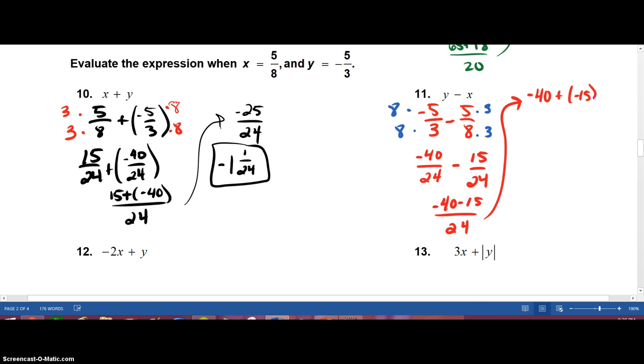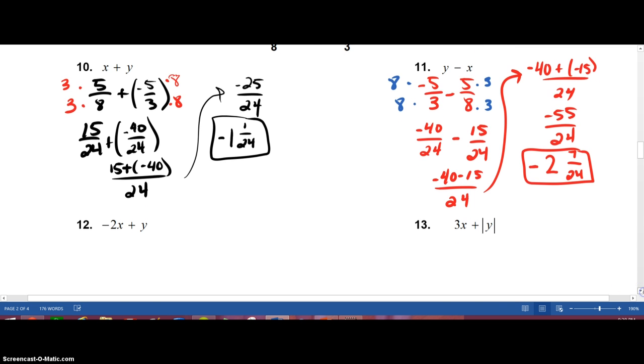We're starting with a negative number and we're subtracting more positives away from it, so it's going to become more negative. So my numerator, when I combine those two numbers, will be negative 55 over 24. Again, my answer is going to be negative, so I'm going to write the negative sign down right away. 24 can go into 55 a total of 2 times, with 7 left over, so it's negative 2 and 7/24. Box that answer. Number 12 is negative 2x plus y.